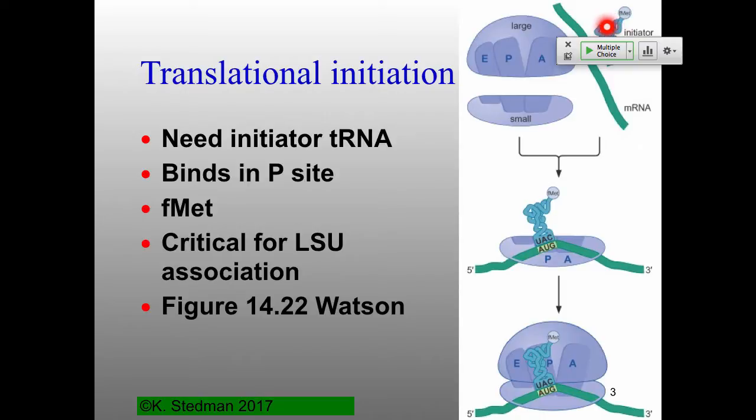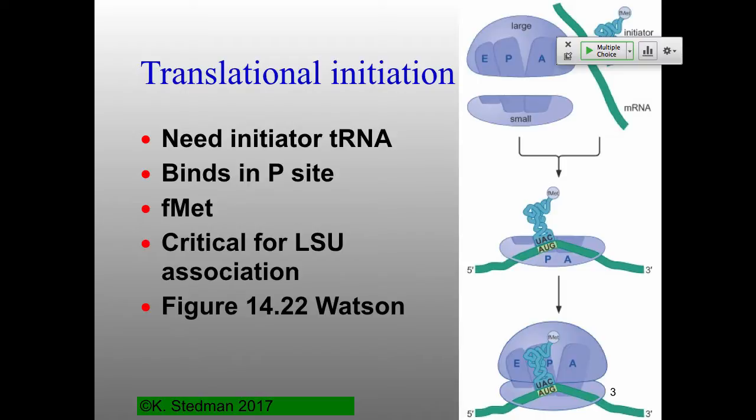So this initiator tRNA has to find the appropriate AUG site, and then the large and small subunits of the ribosome have to come together. And this kind of makes sense if you just think about the ribosome structure that we had on that last slide. Those tRNAs, and particularly the tRNA which is in the P site, is really scrunched down in the middle of the ribosome. So it's really hard to get there.